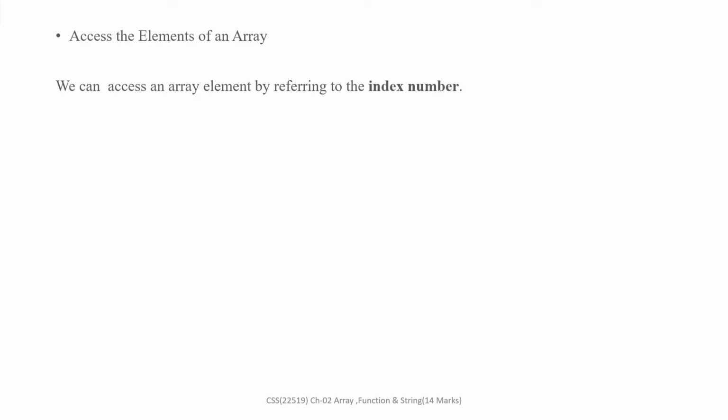Now the next learning outcome of our video is access array. We can access an array element by referring to the index number. As I said, index numbers always start from 0 up to n. We will see the example.